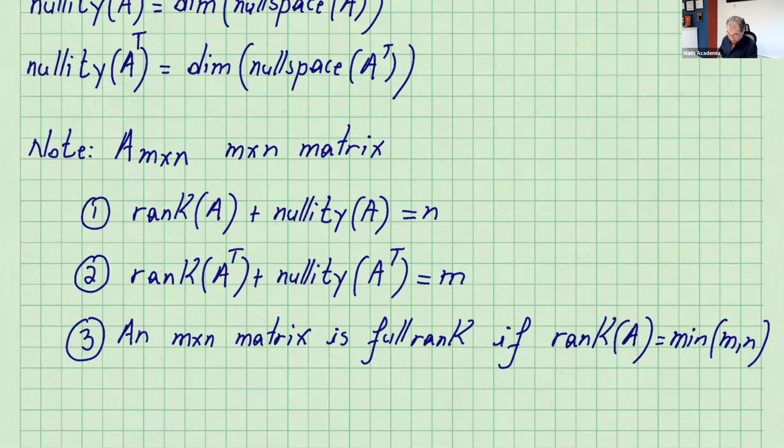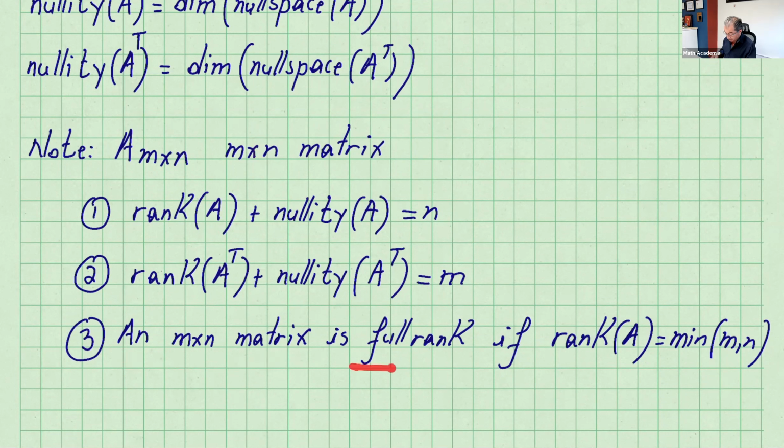Now know these formulas. If we have an m by n matrix, the rank of A plus the nullity of A is going to give us n right here. The rank of A transpose plus the nullity of A transpose is going to give us m. And an m by n matrix is full rank.